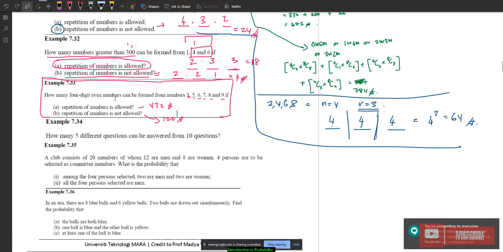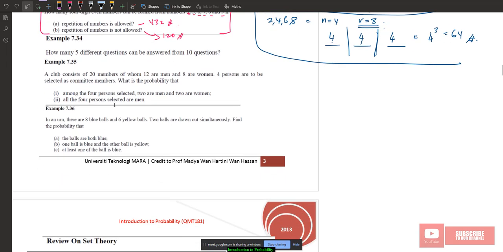Now, example number 7.34. How many different questions can be answered from 10 questions? So this is basically a combination question. Out of 10 questions, which is n equal to 10, we want to select 5 questions. And another condition is that order is not important.